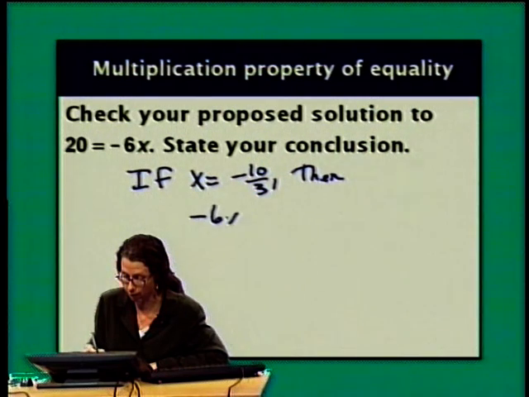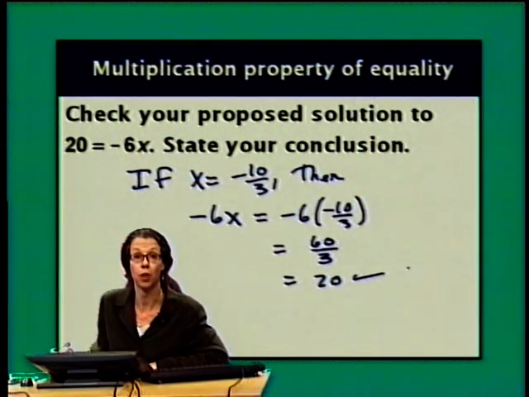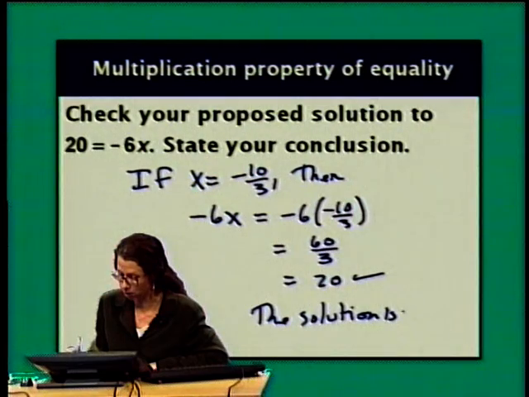So I'm going to evaluate negative 6x for x equals negative 10/3. And let's see, I have negative 6 times negative 10, that's 60 over 3. That's 20. That's precisely what I wanted. So the solution is negative 10/3.